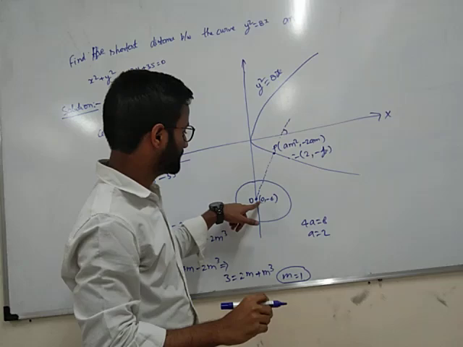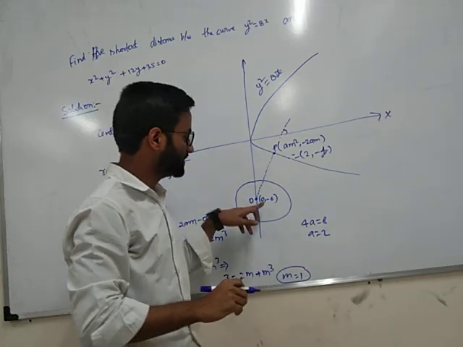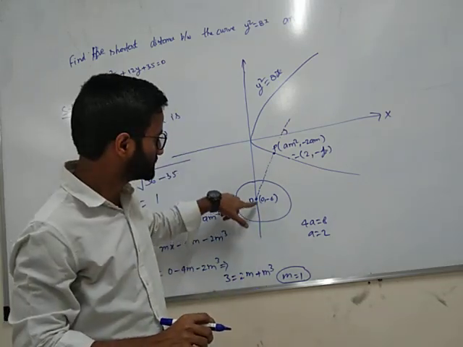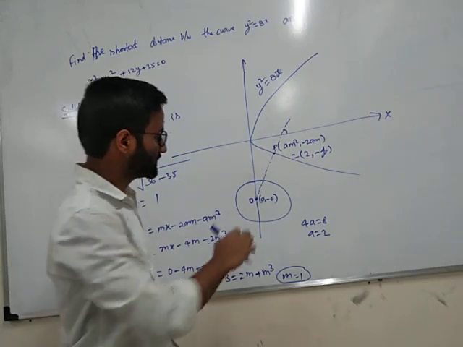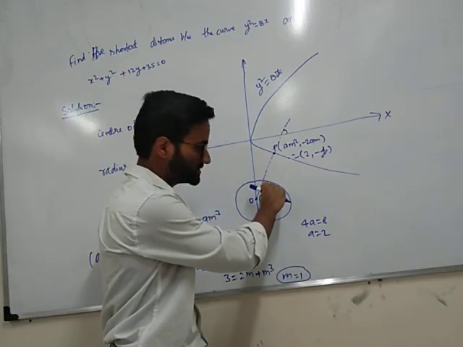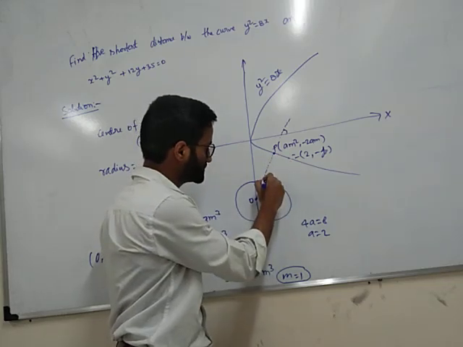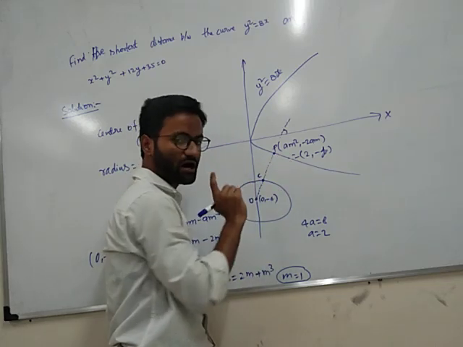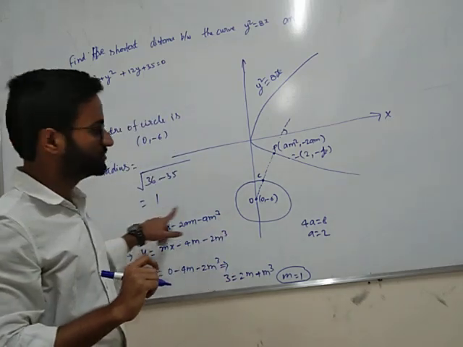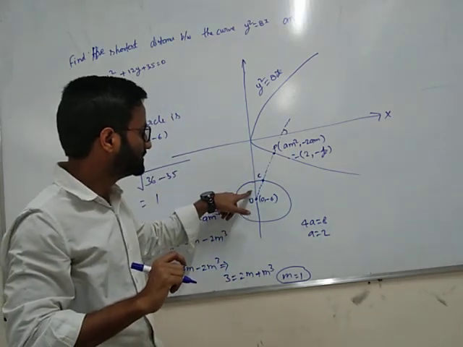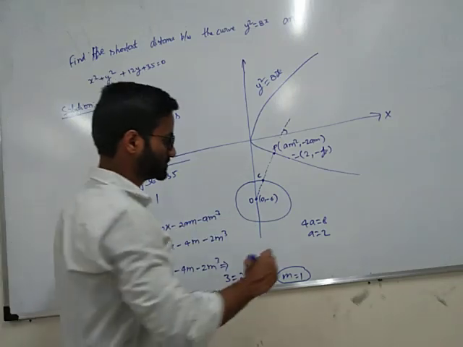Now this is 0 comma minus 6. So we have to find the distance between this point and P and subtract the radius. Suppose this is C and the radius R is 1 here. So first find OP and then minus 1, which is the radius.